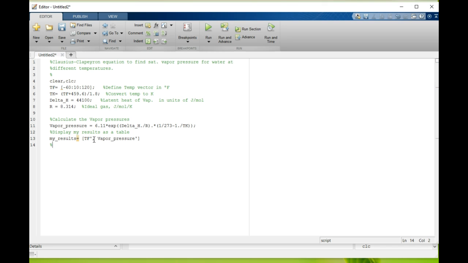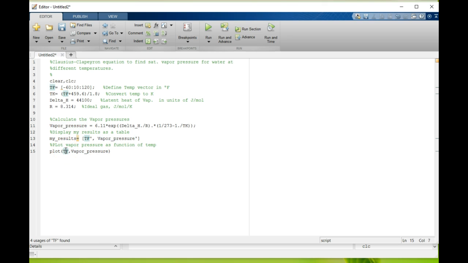And then finally, we can also plot vapor pressure as a function of temp, and plot TF, vapor pressure. Now I'm going to double check everything really quickly. I'm going to hover over to make sure, yep, vapor pressure is all here, it's all defined correctly.